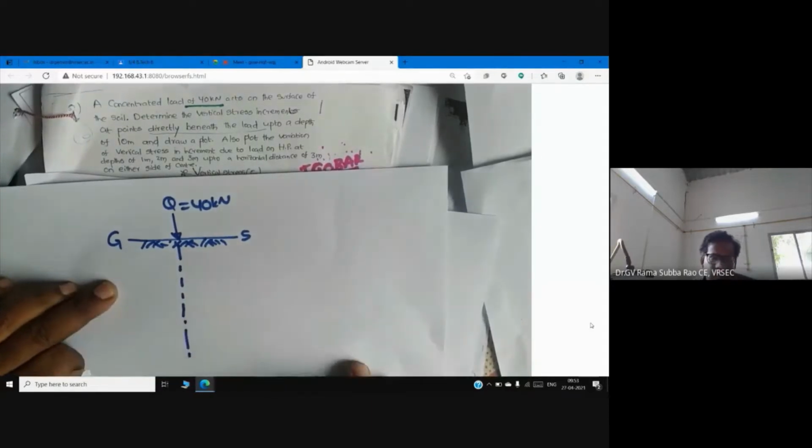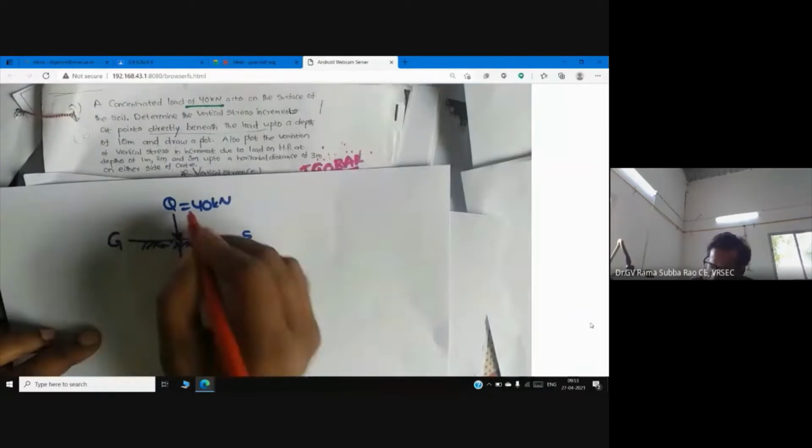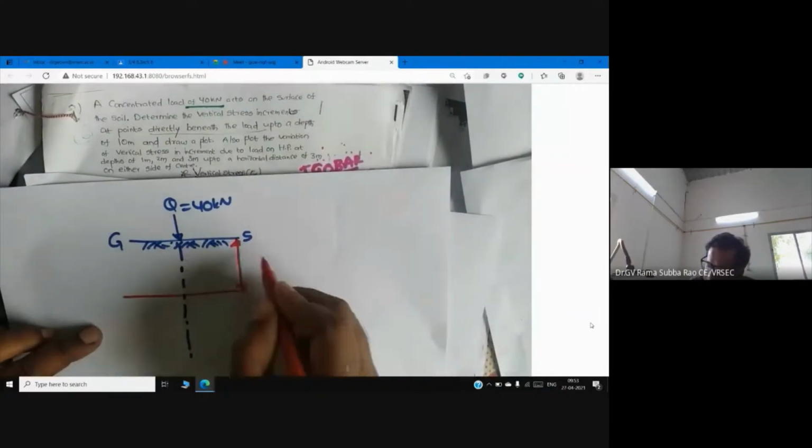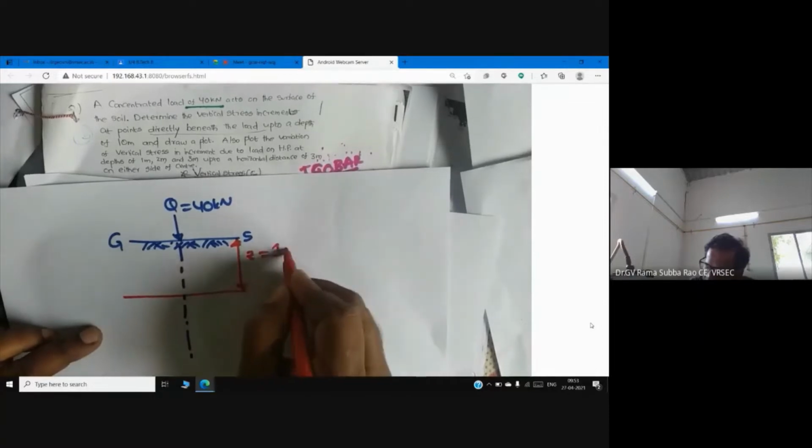And I am going to draw the variation of vertical stress due to this load at a depth Z. Z is how much? Z is 1 meter. Also, very important, we are going to calculate for R0, R1, R2 meters, R3 meters.